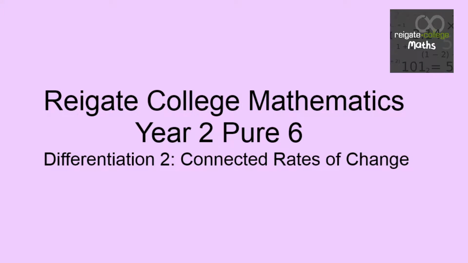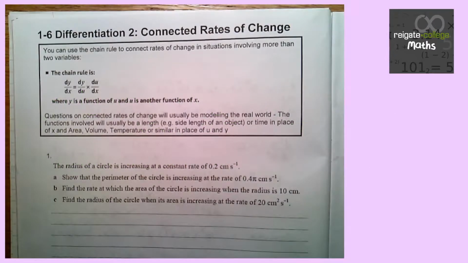This is Reigate College Maths, Year 2, Pure 6, and we're going to look at a differentiation topic, connected rates of change. So connected rates of change are connecting together two variables which change with respect to another one, and usually that's going to be over time.